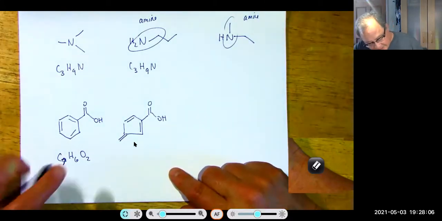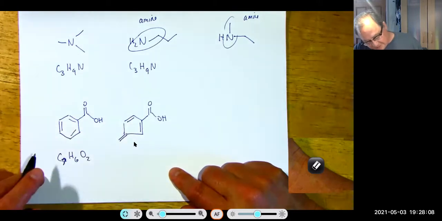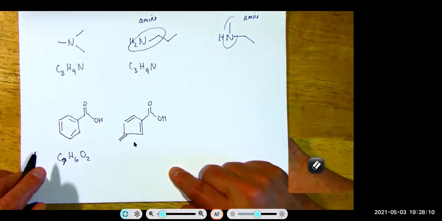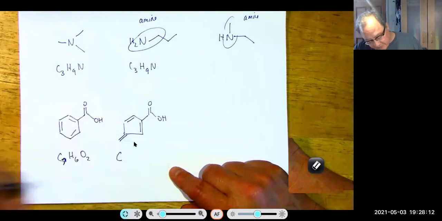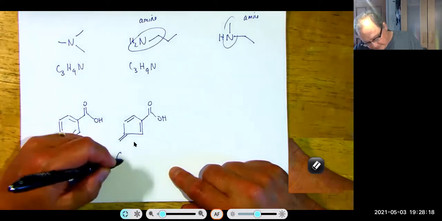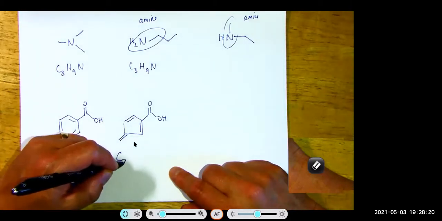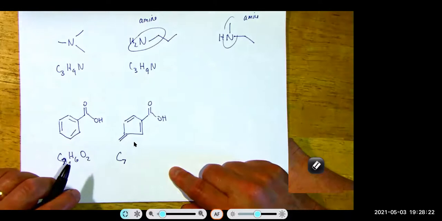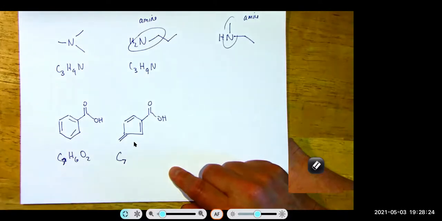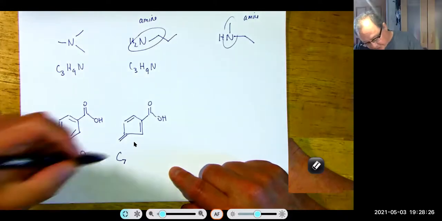Because we had 3 here. Wouldn't it be nice to have 3 over here? Okay, let's see what the formula is. Do we have 7 carbons? 1, 2, 3, 4, 5, 6, 7. We do.